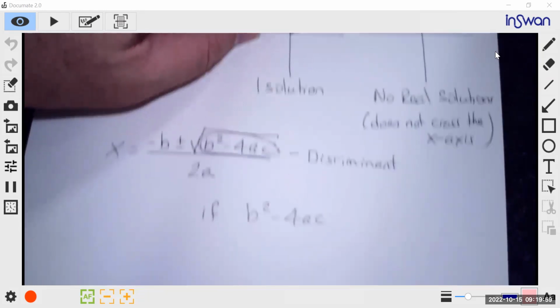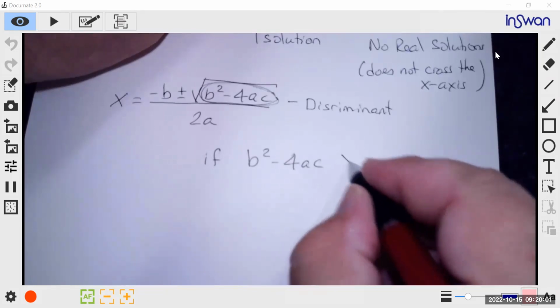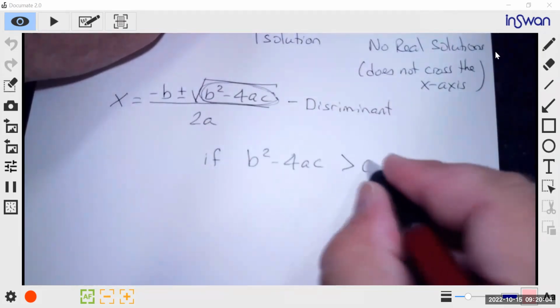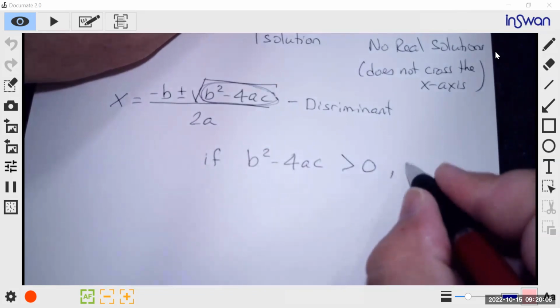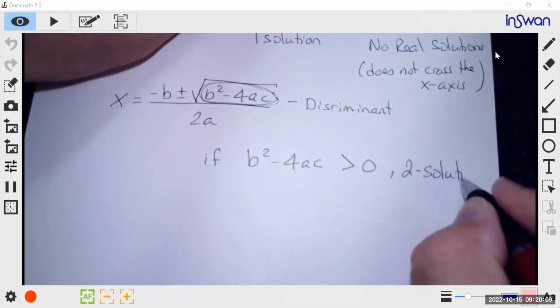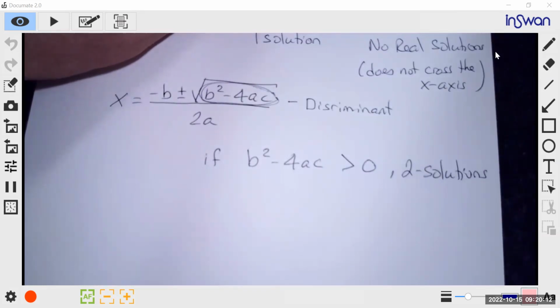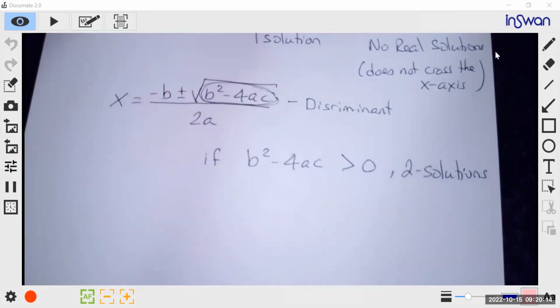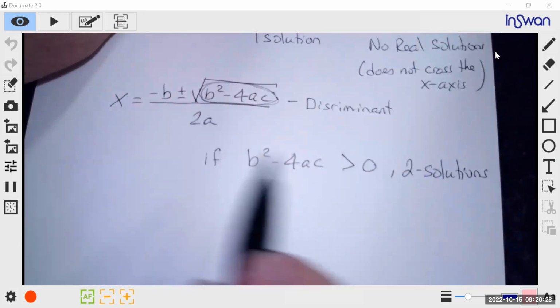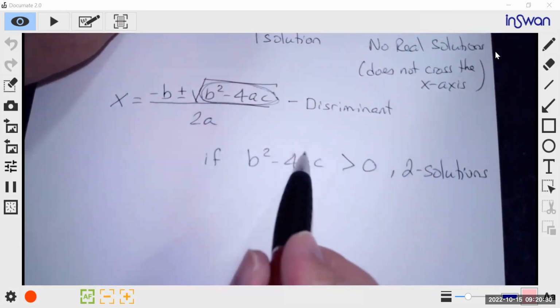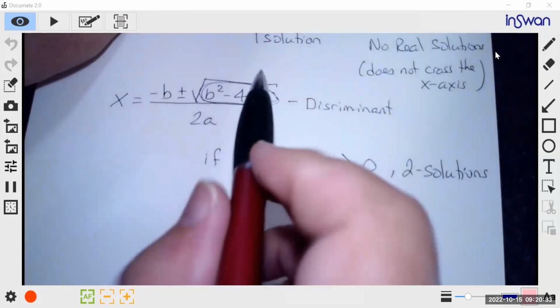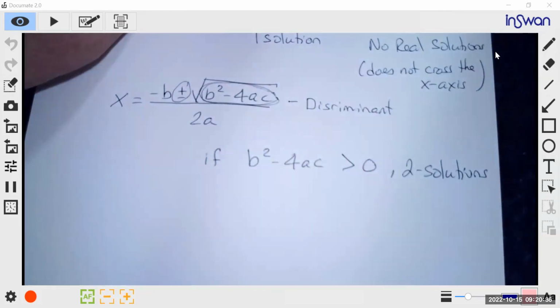If b squared minus 4ac is positive, if it's greater than 0, we'll have two solutions. Why would that give us two solutions if it's positive? Let's say this equals positive 4. We take the square root of 4, we get 2. Then we have a plus or minus. Those are our two solutions.